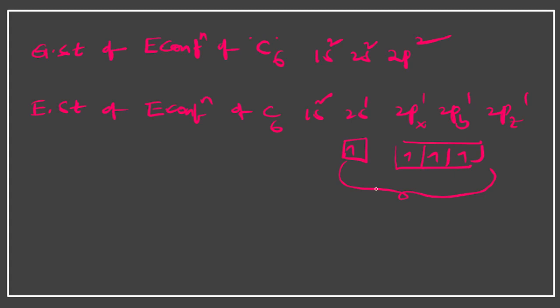Excitation needs energy, and the value required is 501.6 kilojoules per mole. This is why carbon shows tetravalency.